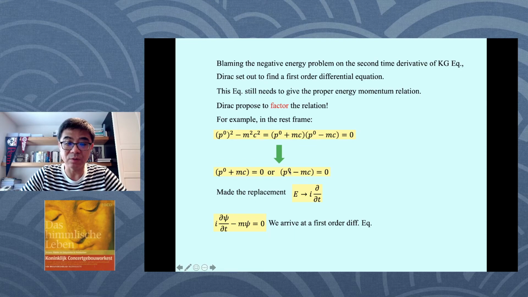Only one p0. And therefore, if you make the quantum mechanics replacement of p0 or E by the time derivative, then the wave equation would look like this: the time derivative of psi minus m psi is equal to 0. And this is a first order differential equation. That's the idea.